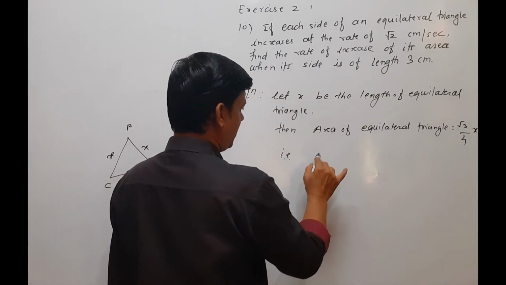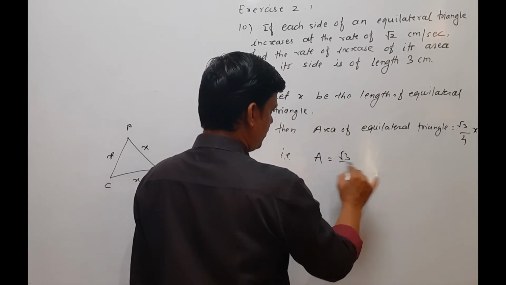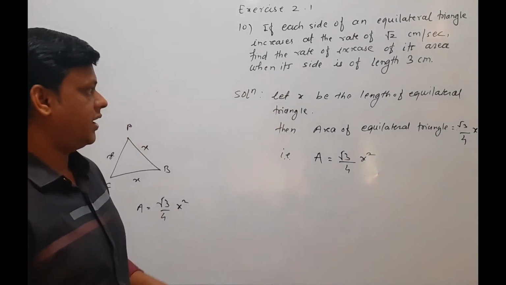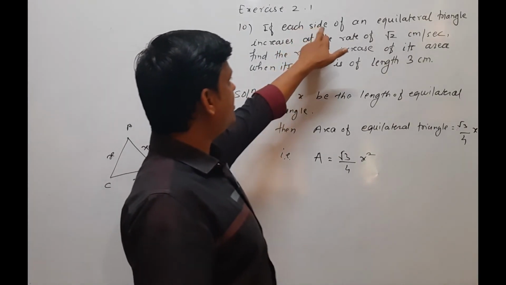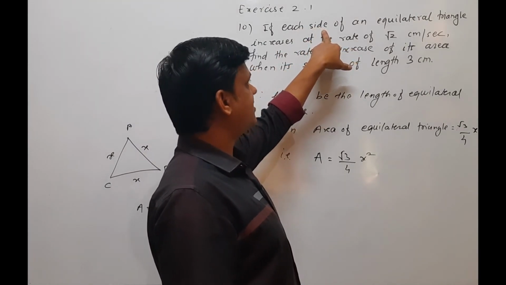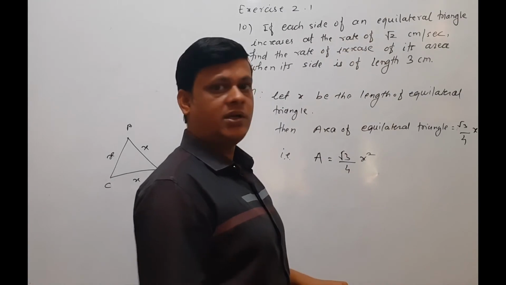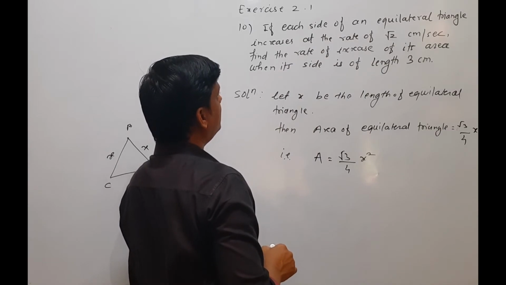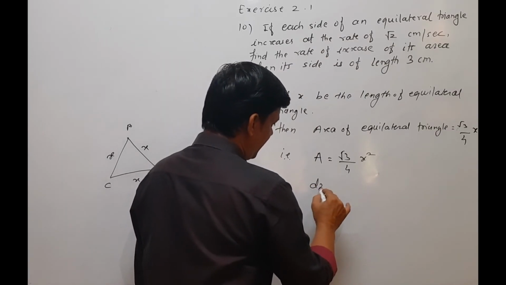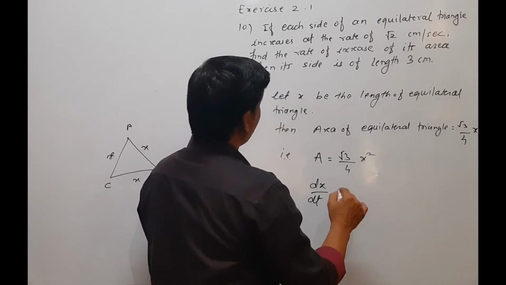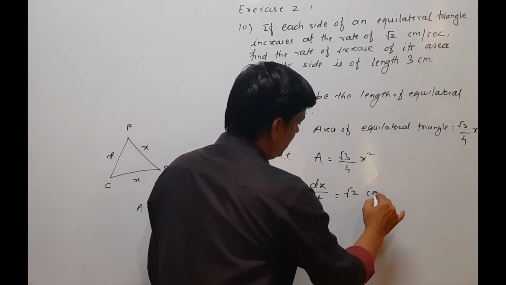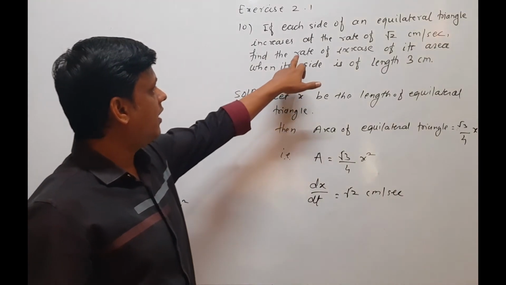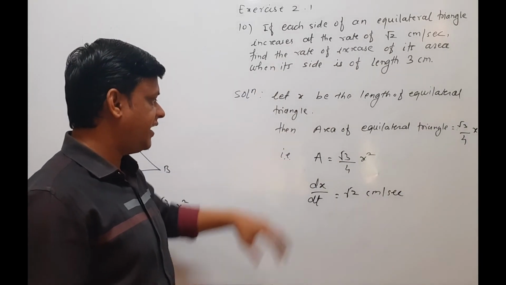That is A is equals to square root of 3 upon 4 x square. Now we see which is the given part. Each side of an equilateral triangle increases at the rate of root 2 centimeter per second. So here the rate of increase of sides is given. That means dx by dt is given, and dx by dt is root 2 centimeter per second. And we have to find the rate of increase of its area, that is dA by dt.